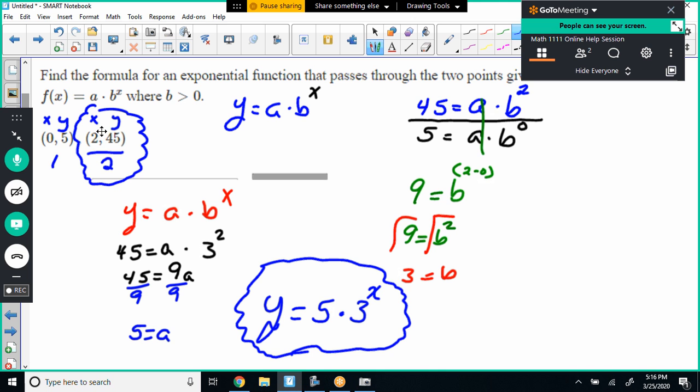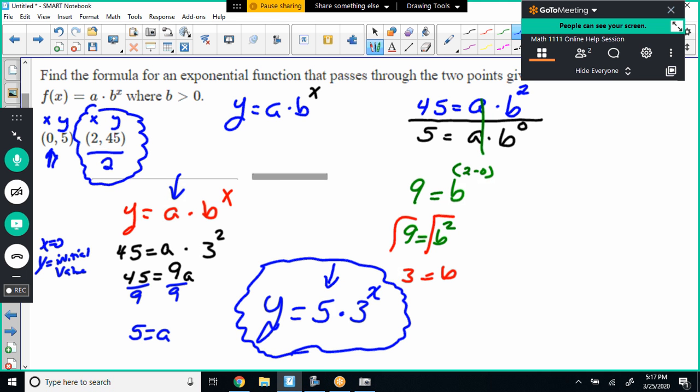Now, I chose the second set of ordered pairs to find my A, and it doesn't matter, but I did that because when X equals 0, my Y is the initial value, right? Look right here, I have an x equal to 0. What's my initial value?